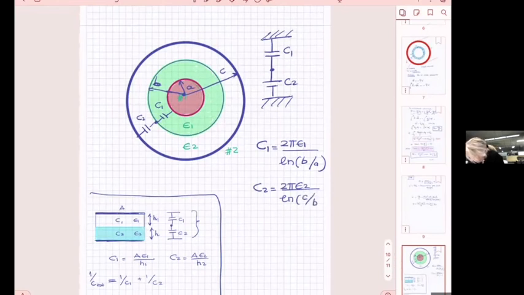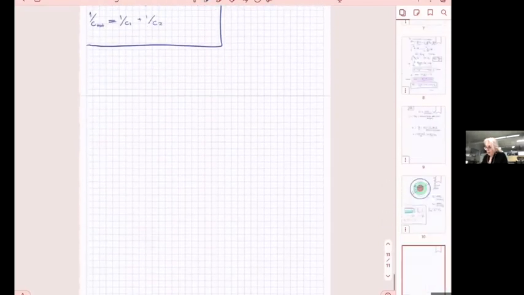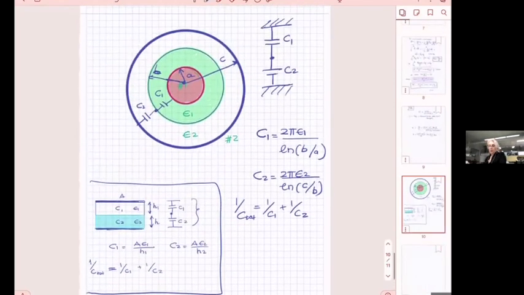C over B, as if this one was the coaxial, like all of this. And then the total, 1 over C total, will be 1 over C1 plus 1 over C2.